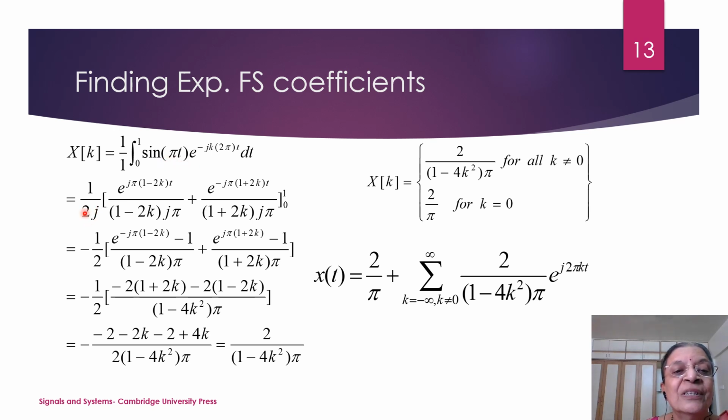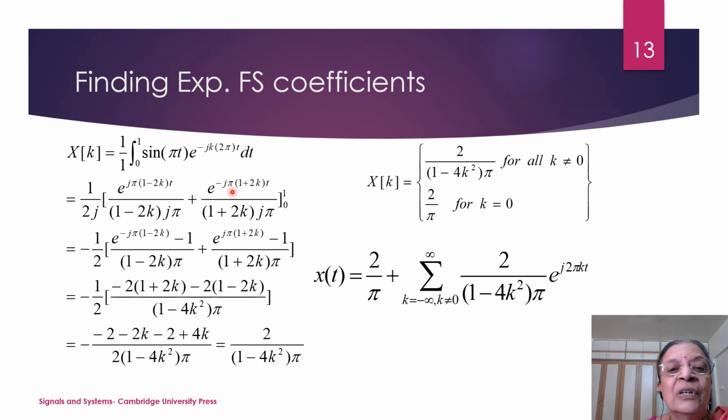So that 2j is coming here, and this e raised to j pi t is combined with e raised to minus j k 2 pi t. So this becomes the term e raised to j pi (1 minus 2k) t divided by the same term, which will come in the denominator when you integrate, into j pi. Now this j will cancel, it will become minus 1. So there is a minus 1 here.